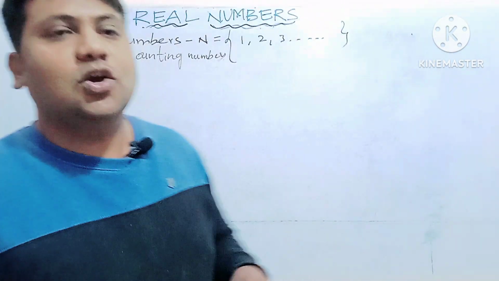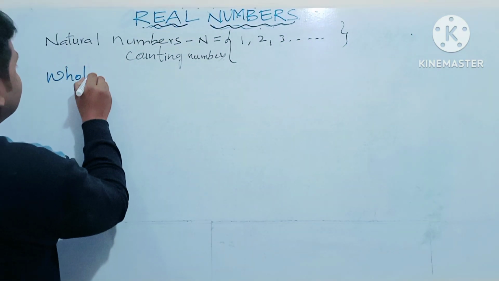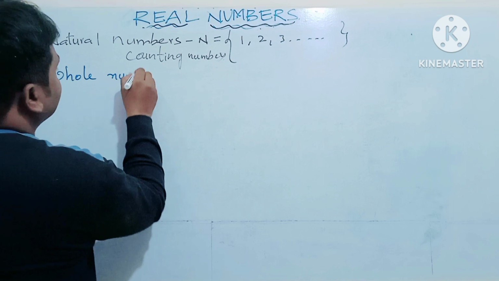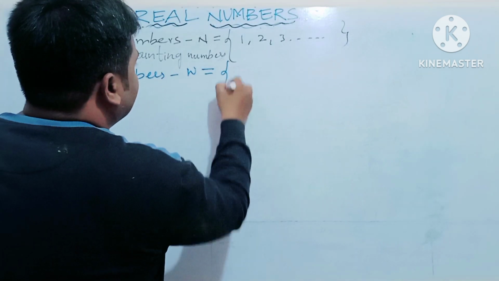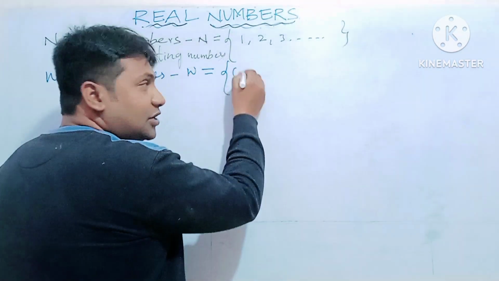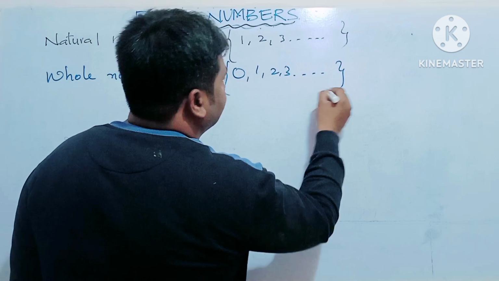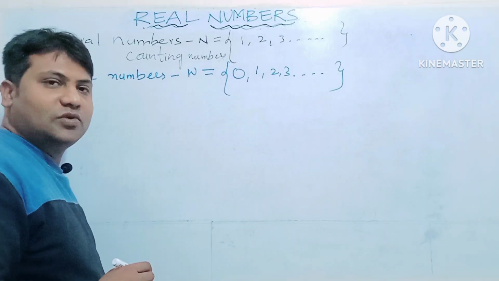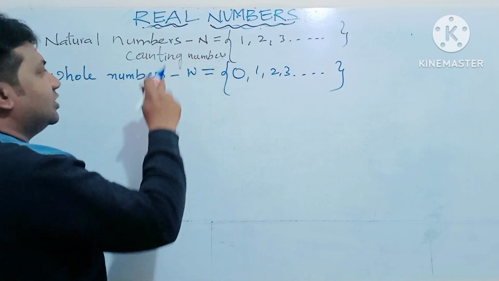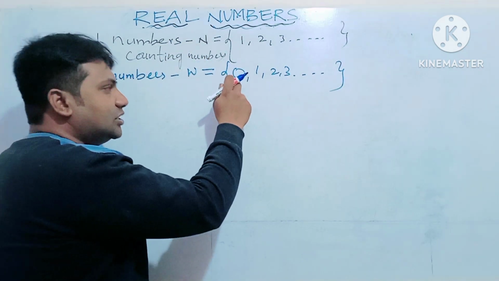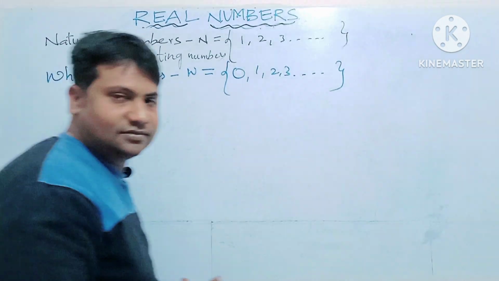The second is whole numbers, denoted by capital W. They start from 0, 1, 2, 3 and so on. In whole numbers we also have 0, whereas natural numbers start from 1.